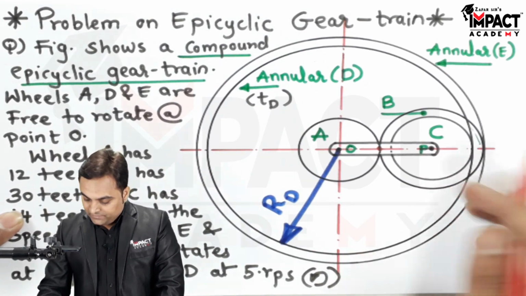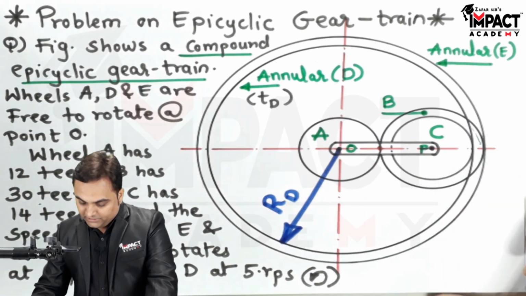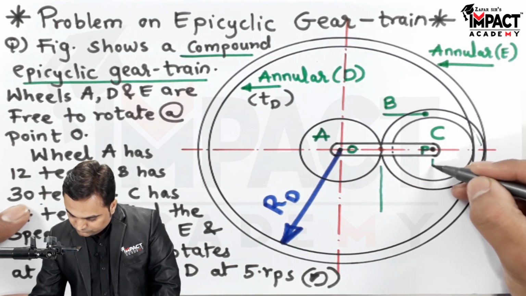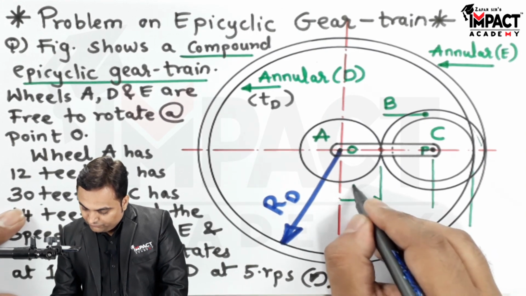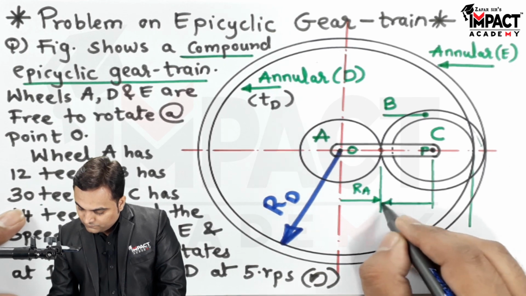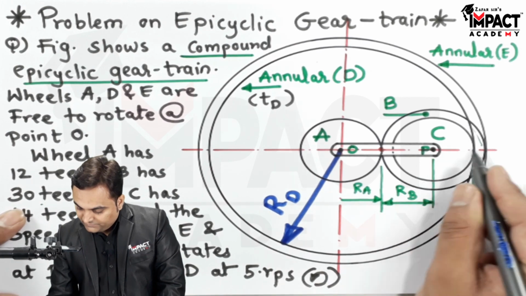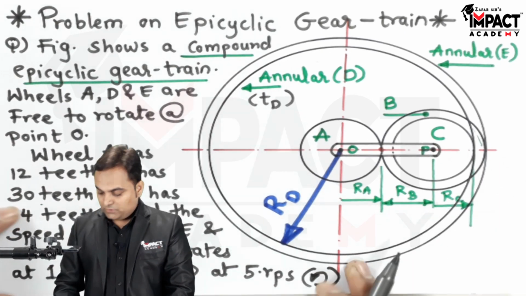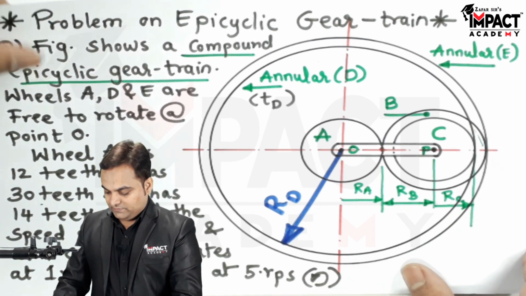I'll explain it again, that we have to find out the radius of D, and radius of D is made up of radius of wheel A, plus the radius of wheel B, and from this center up till here the radius of wheel C. So RD is made up of RA plus RB plus RC.